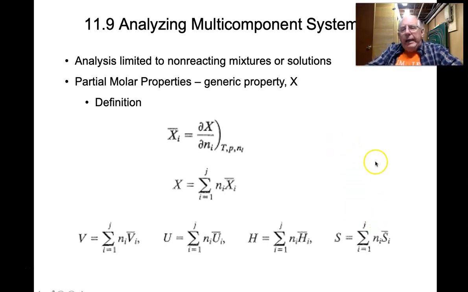So with that in mind, suffice it to say then that the total volume, the total internal energy, the total enthalpy, and the entropy would just be directly related to the individual partial molar property, whether it's volume, internal energy, enthalpy, or entropy, weighted by the number of moles of that particular component, summed up for all the components, such that we would then have a mixture property associated with that particular ensemble of different number of moles of different species.